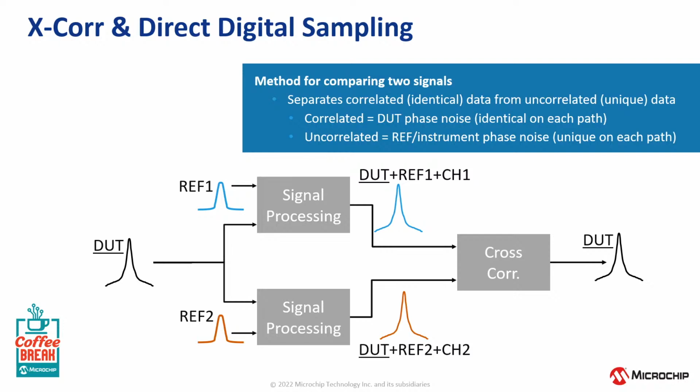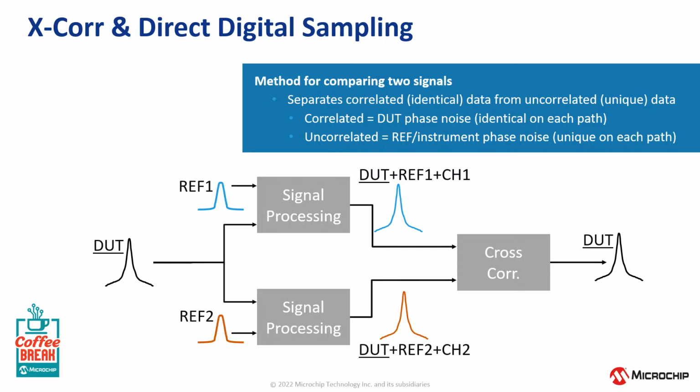In this case, you have two reference oscillators. By doing this, you can use the power of cross correlation to differentiate between the common noise coming from the device under test, common on channel 1 and channel 2, versus the uncommon noise, which is the unique noise coming from the first channel measurement path and the second channel measurement path, as well as your first reference and your second reference.